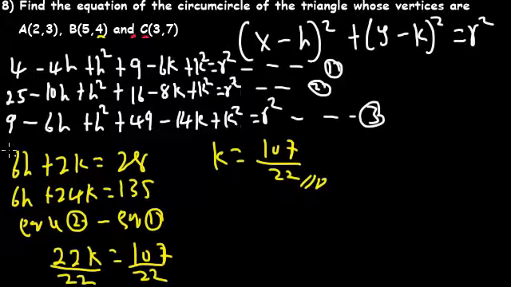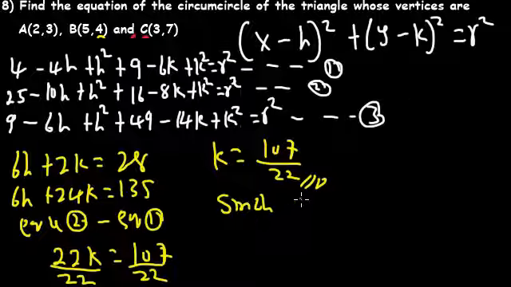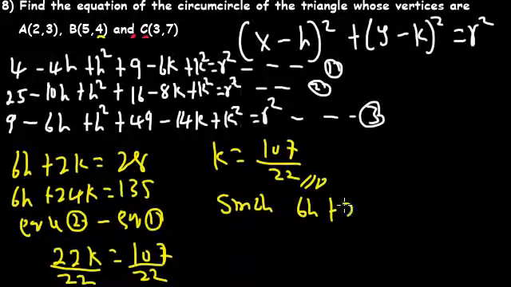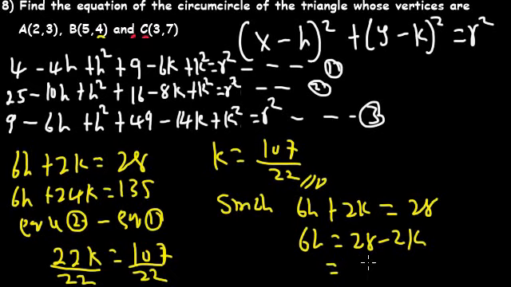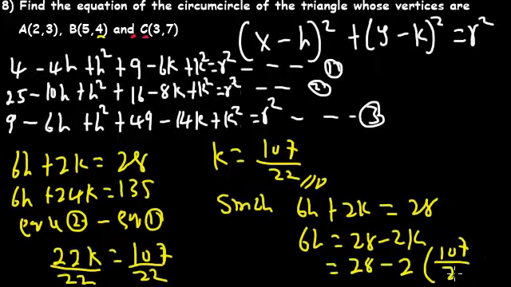Now we can use equation 4 to find the value of h. Since 6h plus 2k is equal to 28, then 6h will be equal to 28 minus 2k. This is equal to 28 minus 2 times 107 over 22.